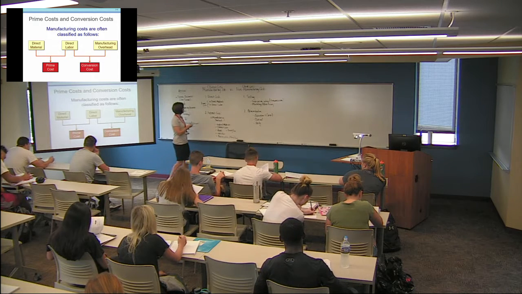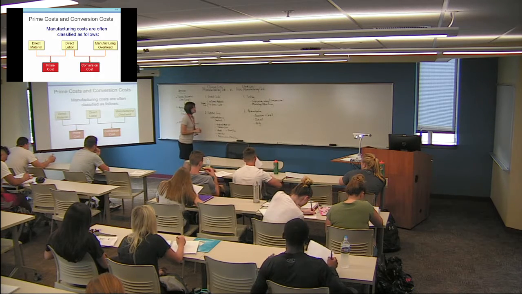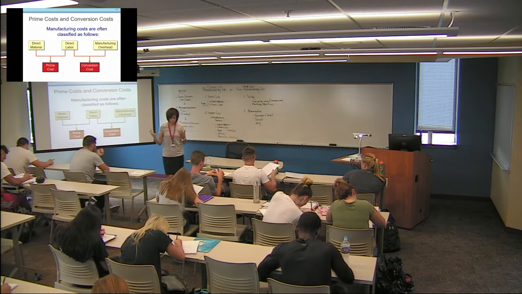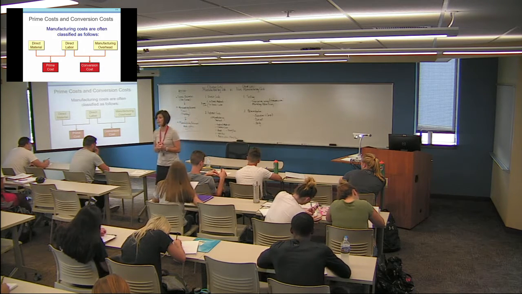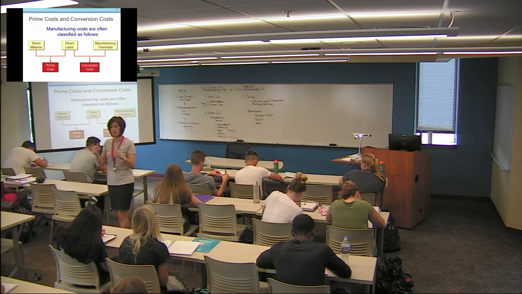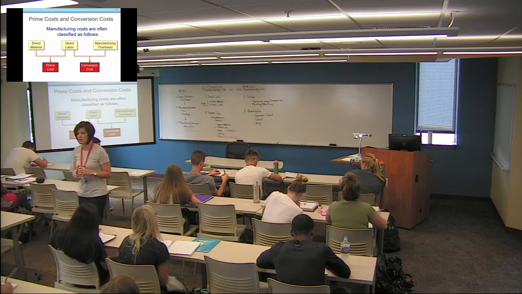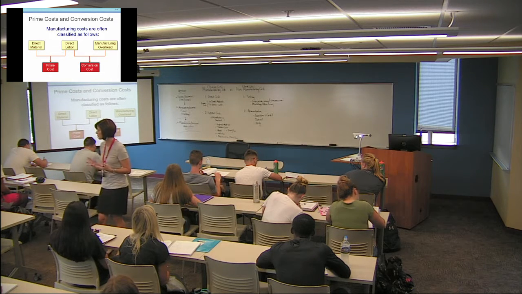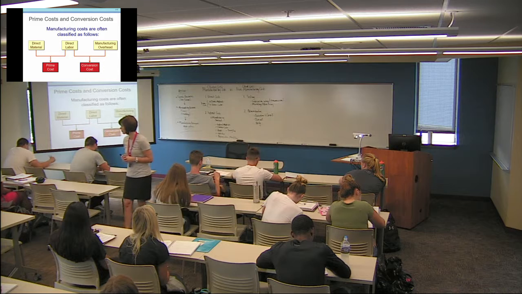What's happening, however? Thirty years ago, direct labor, probably 20 years ago, was a significant expense for most manufacturers. But what's happening as far as human labor is concerned? What are companies and manufacturers doing? Turning to technology.